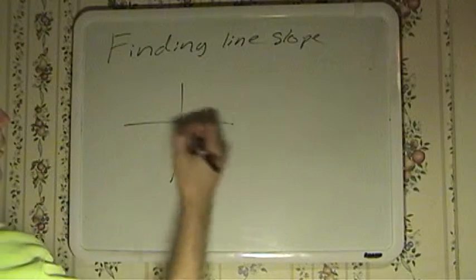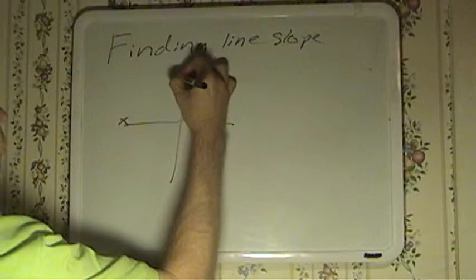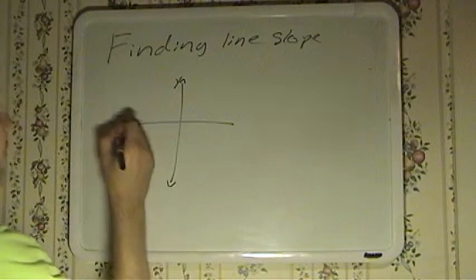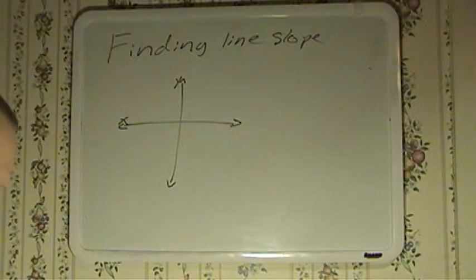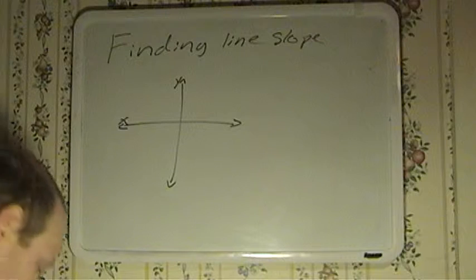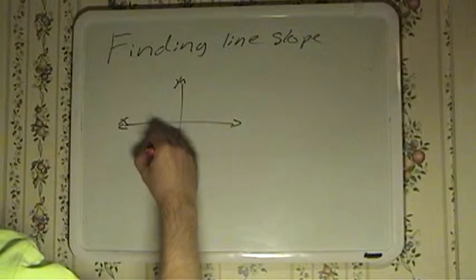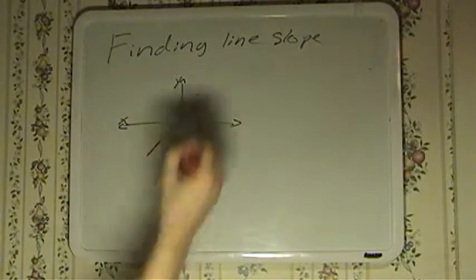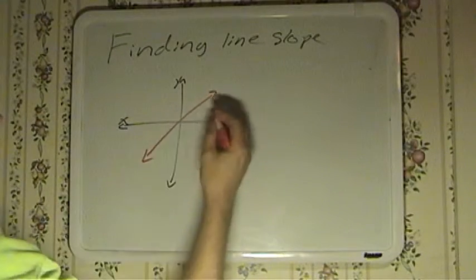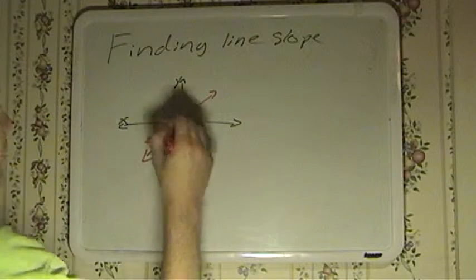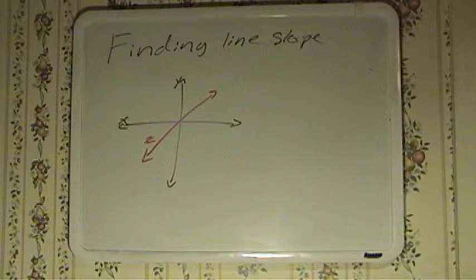So you've got your x-axis and your y-axis. Little arrows to indicate those lines go on. And we're just going to plop a little line in here. So a little line. We're going to just call it line Z. It's not really important, but just so we have something to refer to it by.